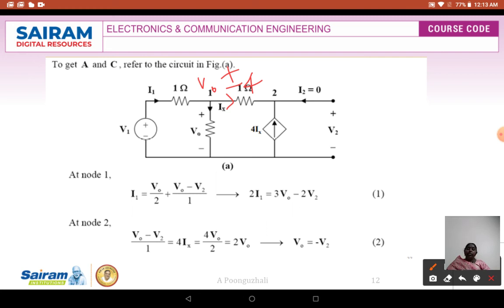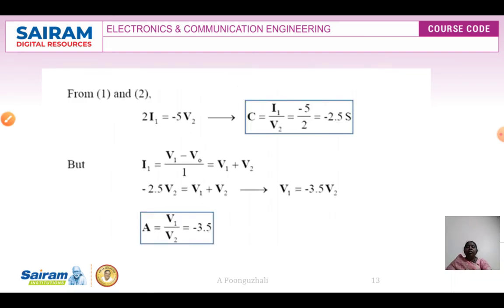Anyway, there is going to be no voltage V2, so V2 is 0. So I can write it as 4 times V0 by 2, that is equal to 2V0. So V0 is equivalent to minus V2. So 2I1 is equal to minus 5V2.